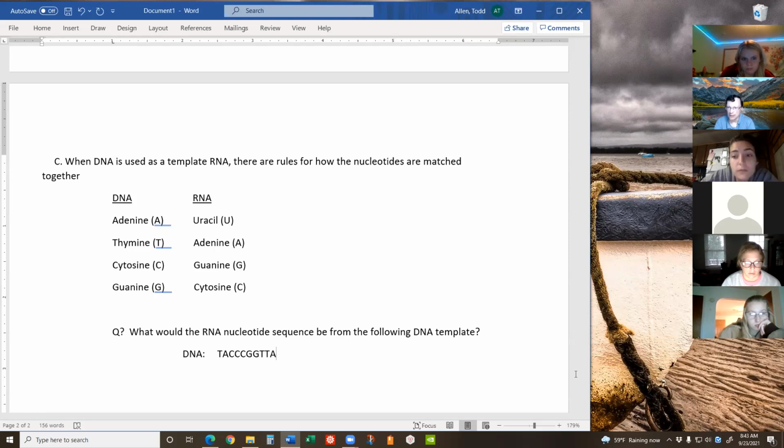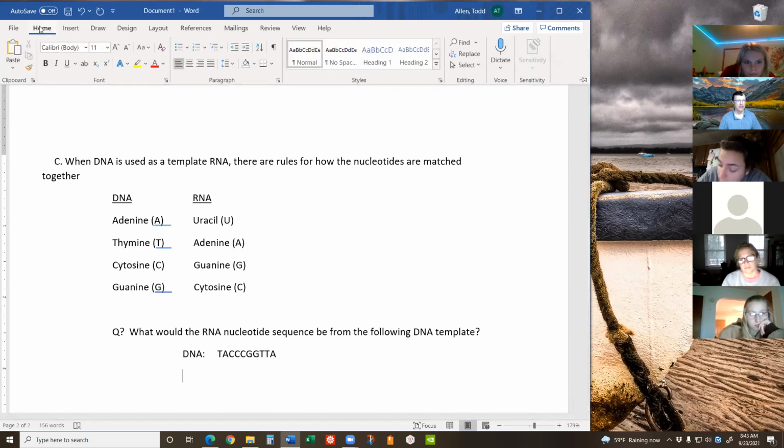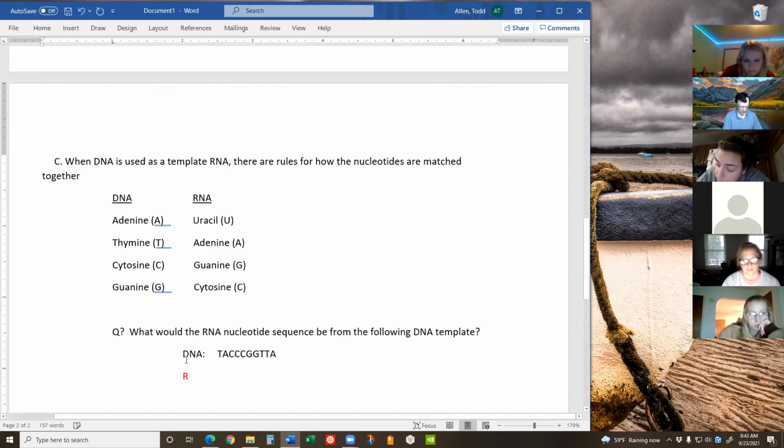Okay, now we're getting some good answers here. Just look at the chat window and you can see a variety of responses that are generally correct. Very nicely done, right? The answer is, reading from left to right, it would be AUGGGCCAAU. I'm going to put this in a different font and color, just so you can see it separately.